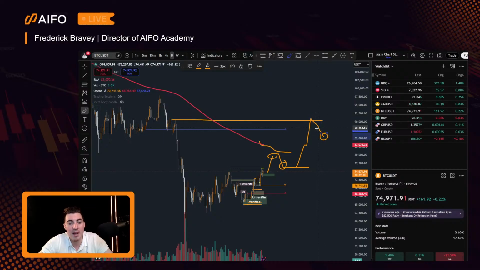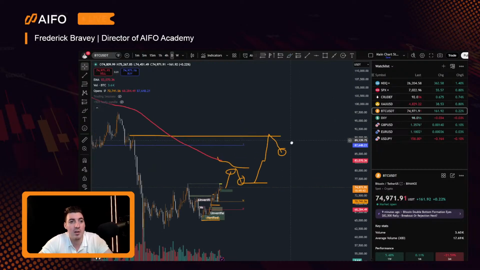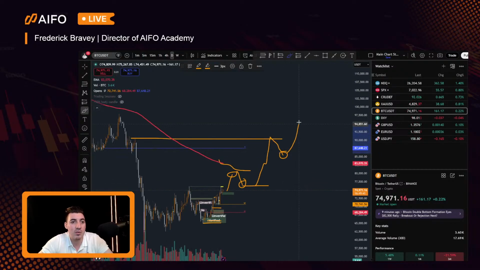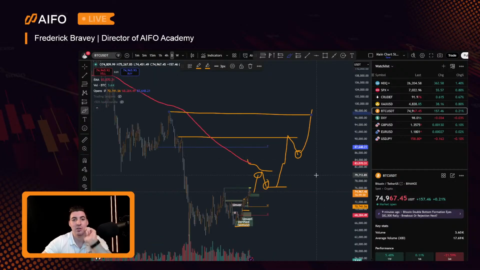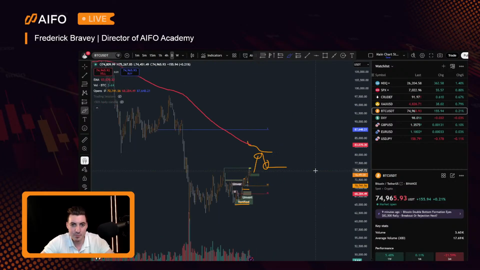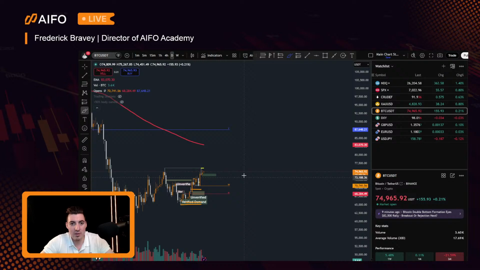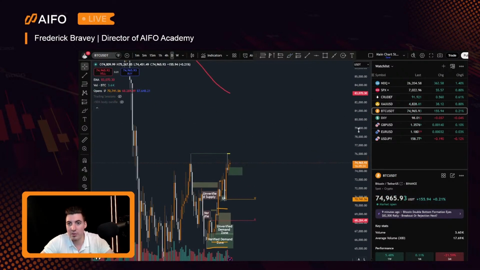It will pull itself back, and if the trend really does change into the upside, then we are likely going to use this here as our change of character, and we can then safely say the market has now changed direction into the upside on BTC. So that would be my analysis on BTC at the moment.